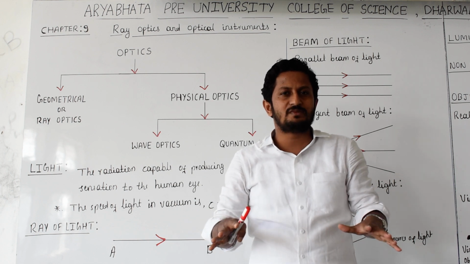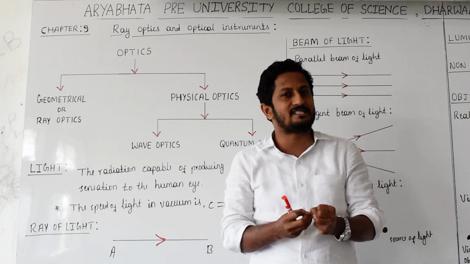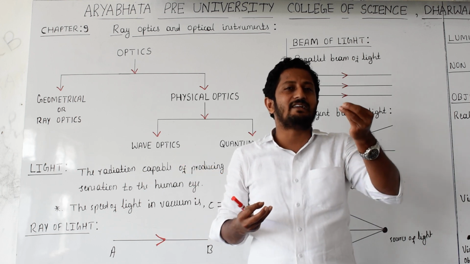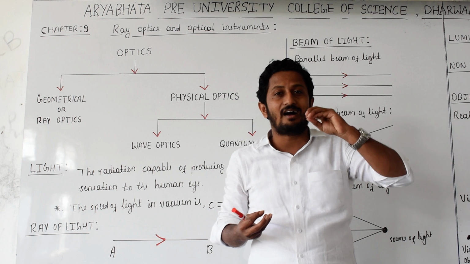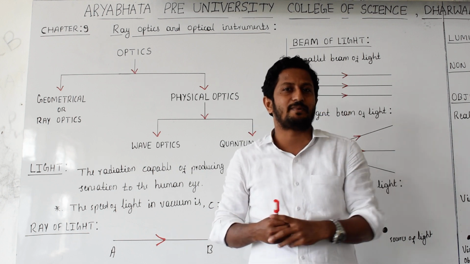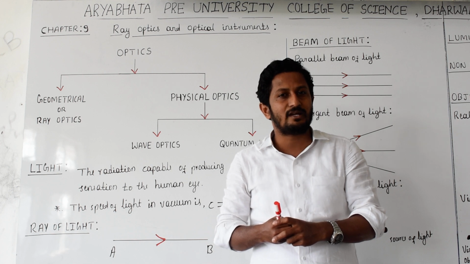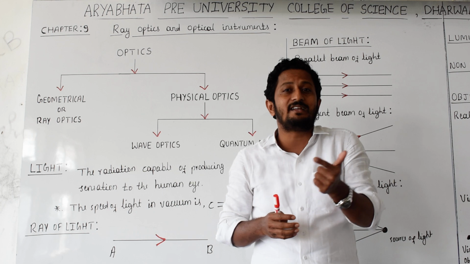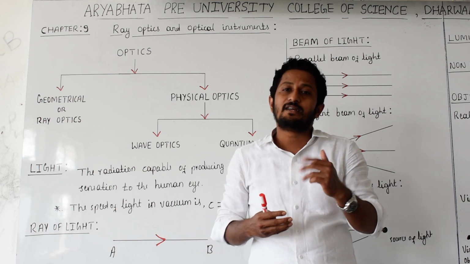Those objects absorb that light energy and re-emit it. When those re-emitted light rays enter your eye, you will feel the presence of objects in that room. Getting what I mean? During night, with the help of that electrical bulb, we are able to see the objects.